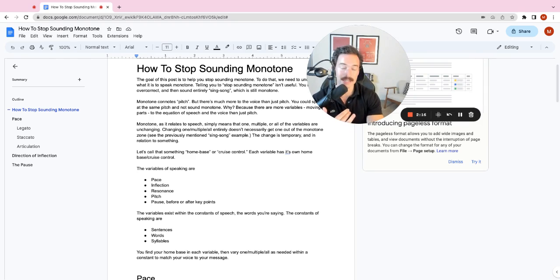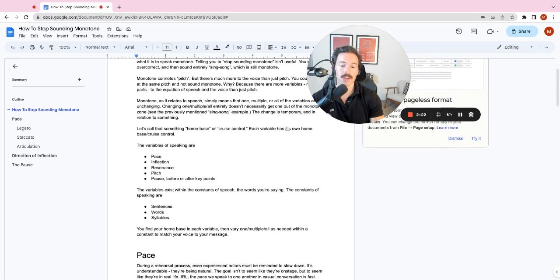So these would be the sentences, the words inside of the sentences, and then the syllables of the words. So you find your home base, this true north or cruise control, in each variable, and then you can vary one or some or all of those variables as needed within a constant to match your voice to your message.